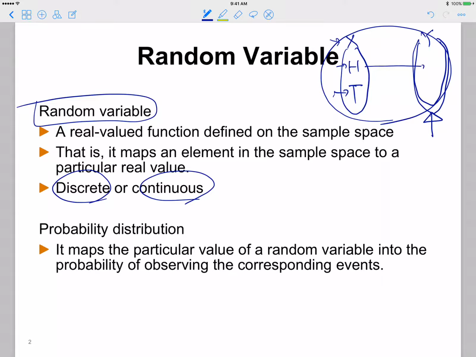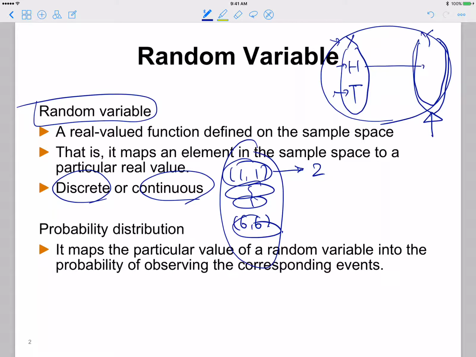So if we roll a dice twice, we will have all the events ranging from 1,1, which is the smallest dice pair, and then 6,6, which is the largest one. And each of them is an individual event, right? Then each is mapped to some value, and suppose that mapping is defined as the sum of these 2 values.